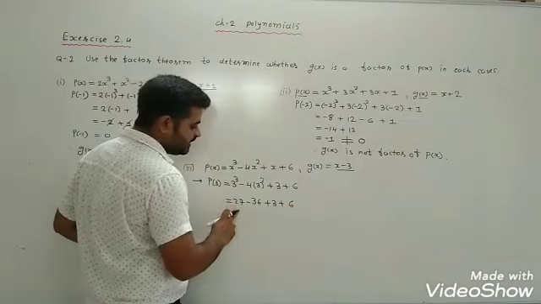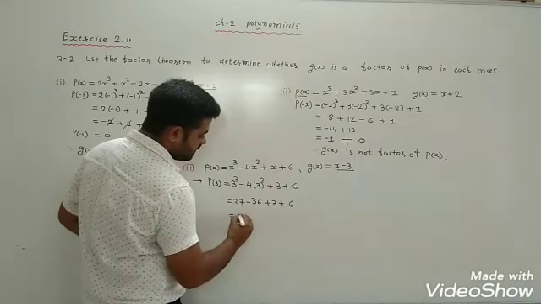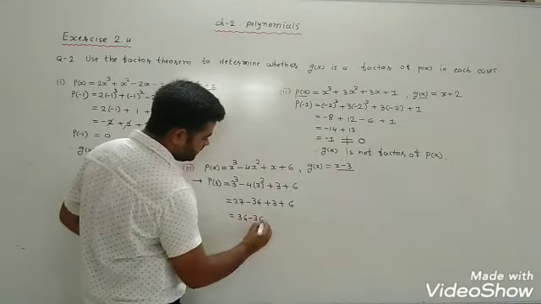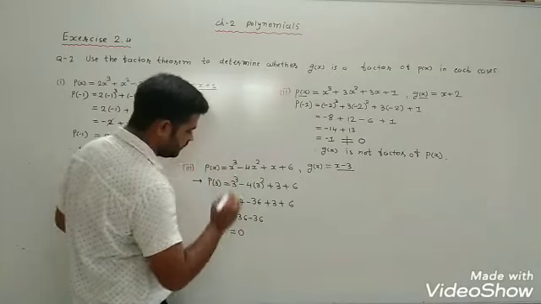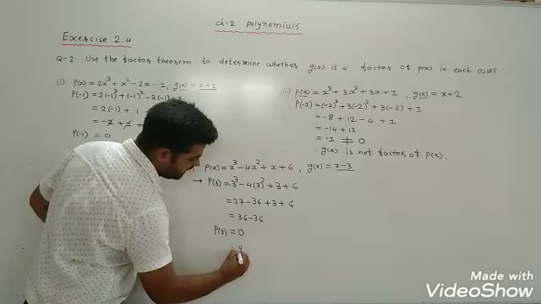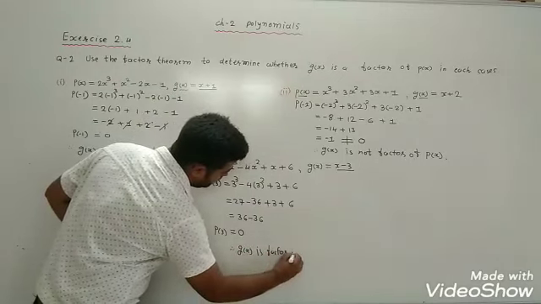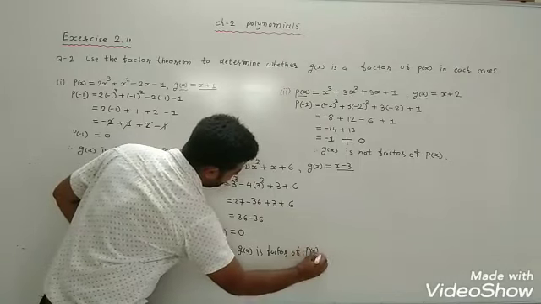Now 27 and 3, 30, 30 plus 6, 36. So we have 36 minus 36. The answer is 0. Here the remainder is 0. So we can say that g of x is a factor of p of x.